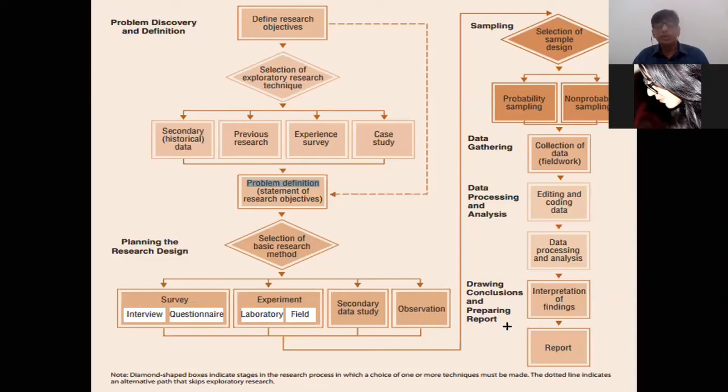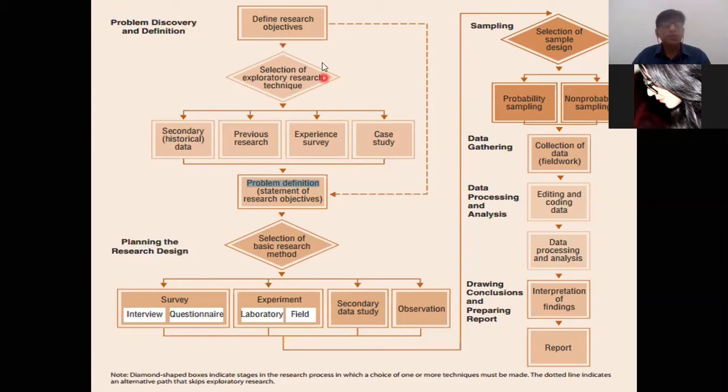Even if you read any research paper, research report, or research thesis, you will find that all the steps are there, like the problem and all these. So the main thing is that it starts here.